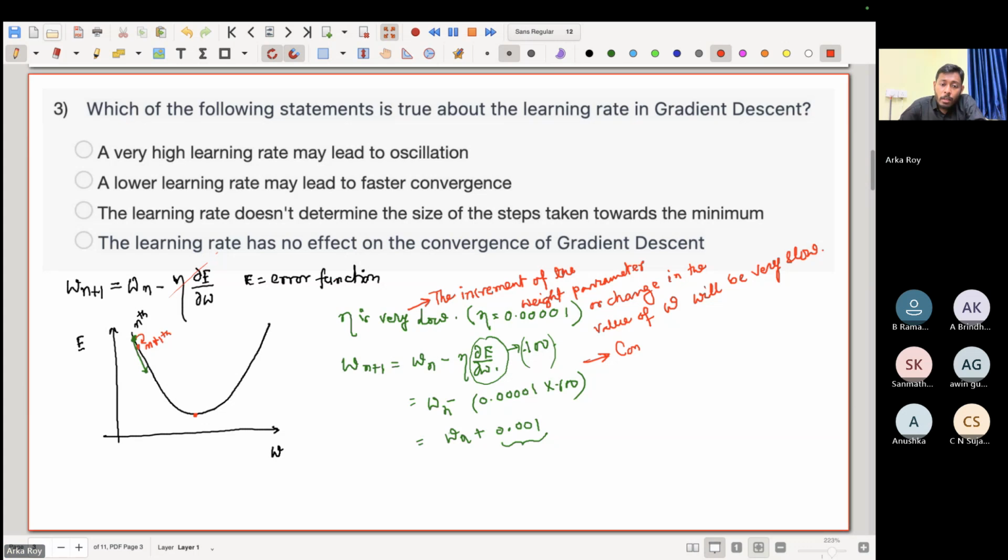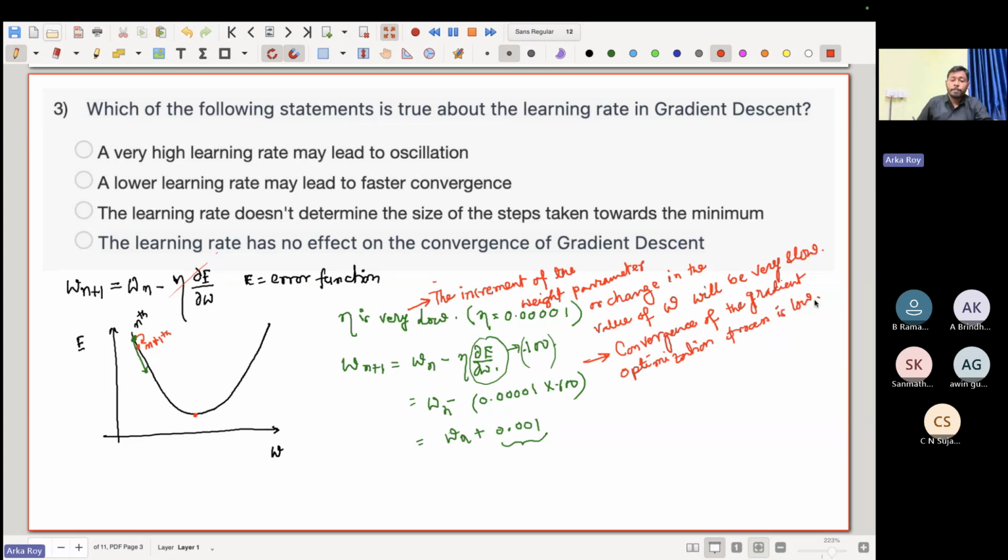So this refers to the convergence of the gradient optimization process being slow, actually, sorry.